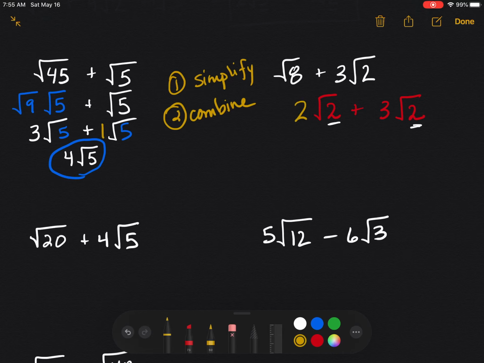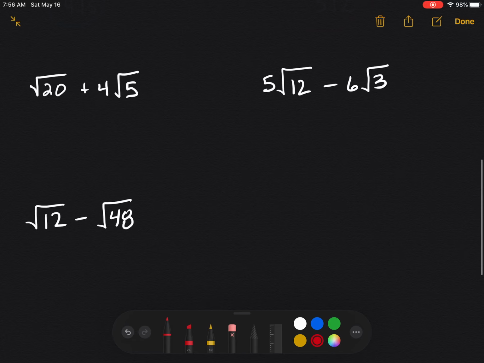I don't know if that's the best way to show you, but this radical 4 becomes a 2 when I take it out of the radical sign, because 2 is the square root of 4. So now I can add 2 plus 3 is 5, and my radical 2 stays the same. Okay, and there's my answer.